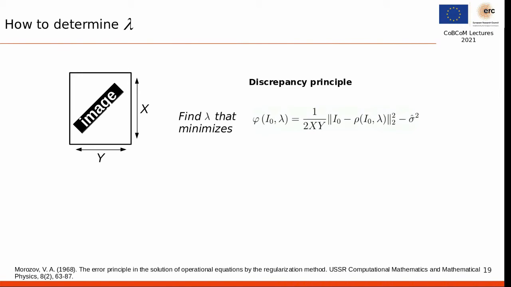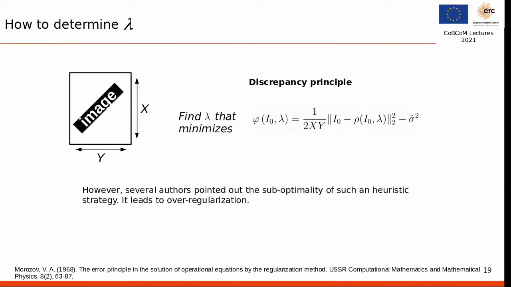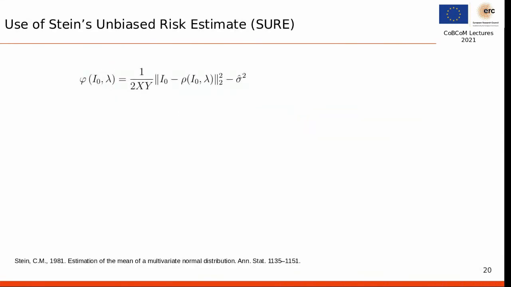The formula you see on the right is actually the difference between the measured noise variance sigma squared and the residuals corresponding to the application of our operator with a specific value of lambda. However, several authors have pointed out that this is suboptimal and can lead to over-regularization. So the idea was to propose something more sophisticated and to use what's called Stein's unbiased risk estimate, or SURE.